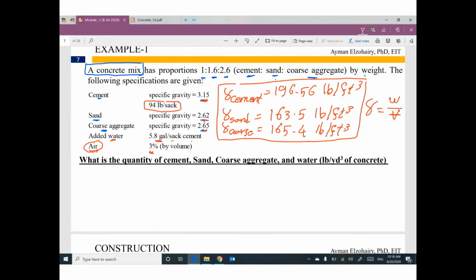What is required? We will produce 1 cubic yard of concrete. Can you tell me how much cement, sand, coarse aggregate, and water are in this cubic yard?